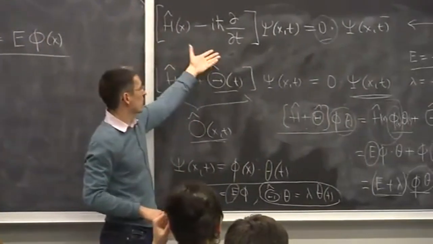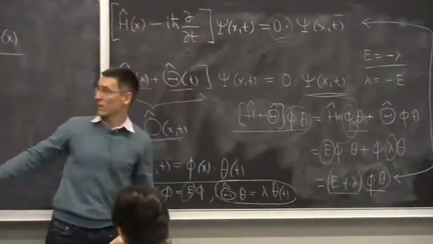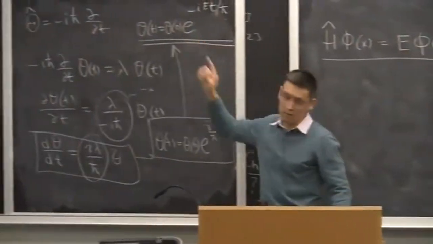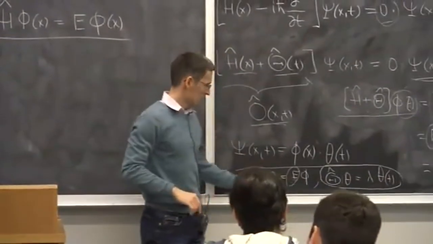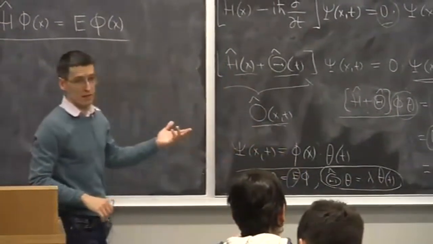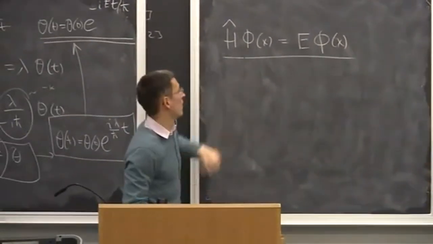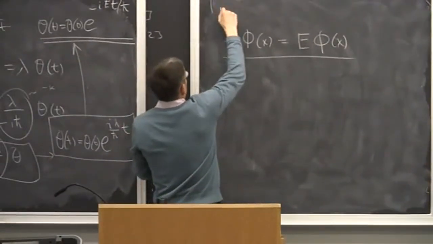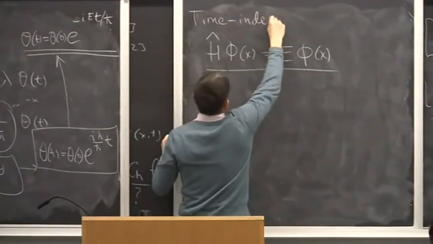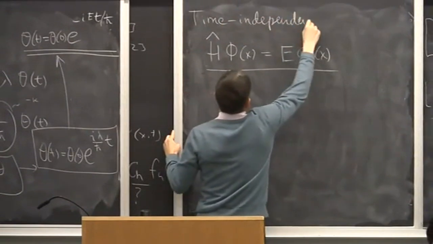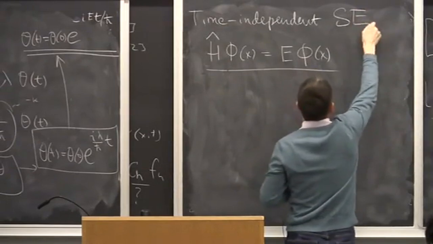See, I broke this problem into something I know how to solve, and I gave you the solution, and something that is non-trivial to solve, but it depends only on the space variables, right? So no more time dependence in this problem. And that's called the time-independent Schrödinger equation. Okay?